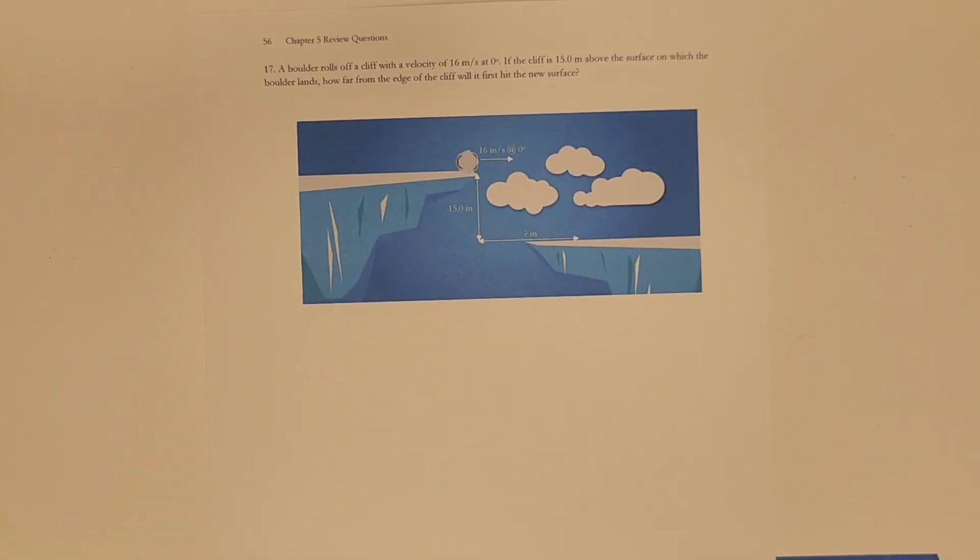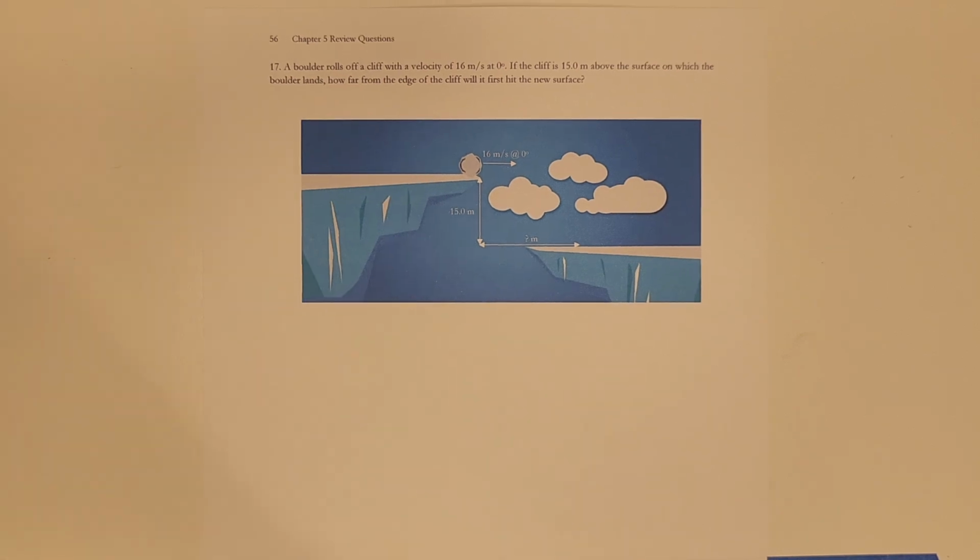Question 17. A boulder rolls off a cliff with a velocity of 16 meters per second at 0 degrees. If the cliff is 15.0 meters above the surface on which the boulder lands, how far from the edge of the cliff will it first hit the new surface?